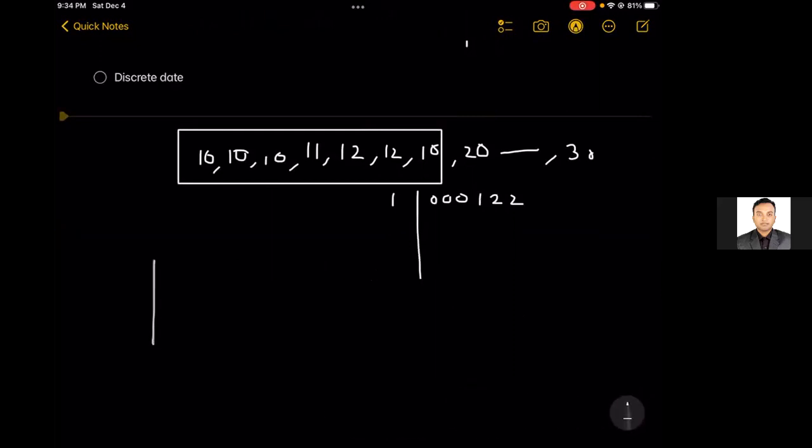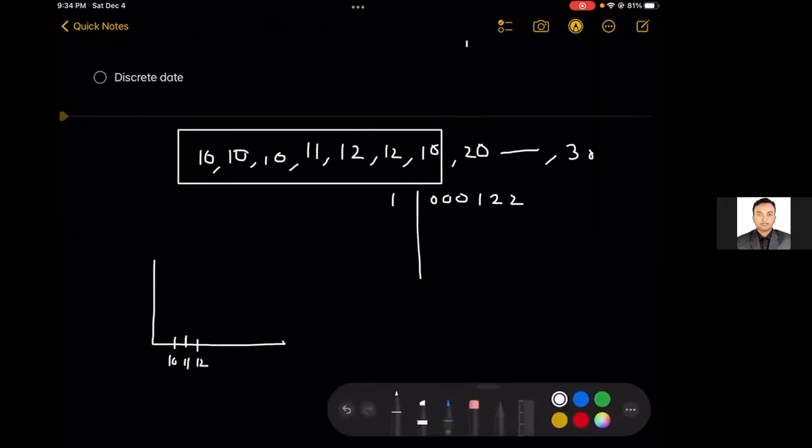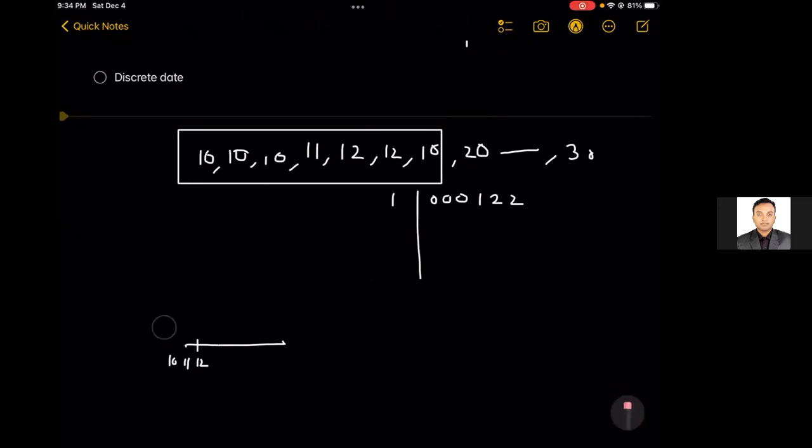It doesn't look good. You start from 10, end at 12. Maybe you can have something at 11. It doesn't look good, right? 10, 11, 12. It doesn't look like a very good option either. But if it's spread out, then obviously it could be a very good option.